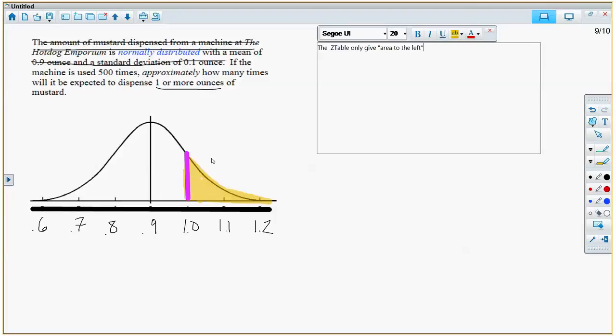So therefore, any right-hand side will be 1 minus the what? 1 minus the left-hand side, which is called the complement.